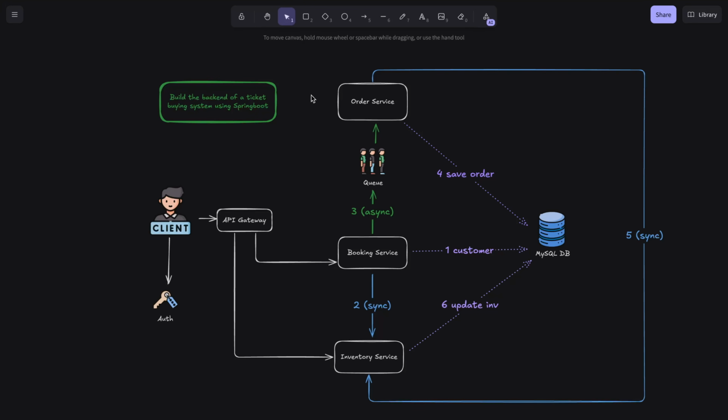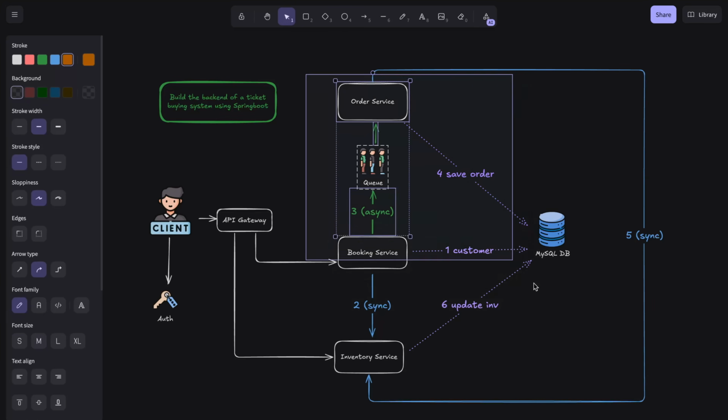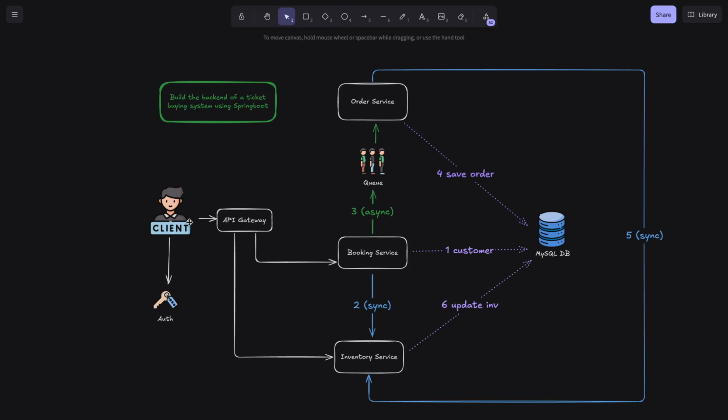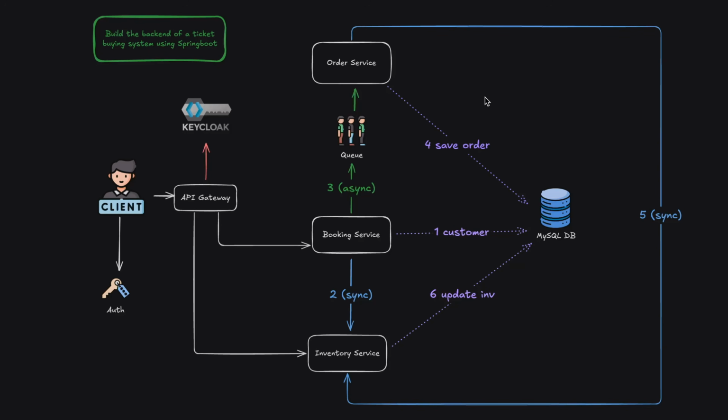The next step is to protect our backend service. We don't want anyone to be able to just call our backend service. So I'll show you how to add some kind of authentication on our endpoint. As we can see from the diagram, I have introduced a new component which is called Keycloak.